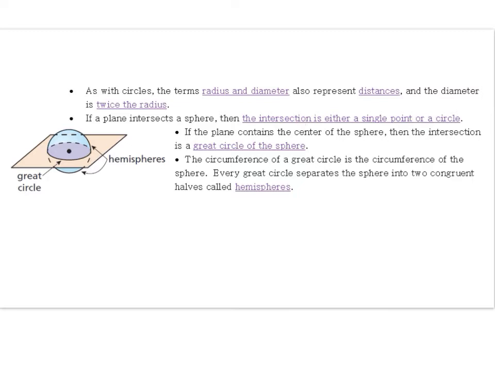And the either is based on what type of plane passes through your sphere. If the plane contains the center of the sphere, then the intersection is a great circle of the sphere. And then the circumference of a great circle is the circumference of the sphere. Every great circle separates the sphere into two congruent halves, and these are called hemispheres.